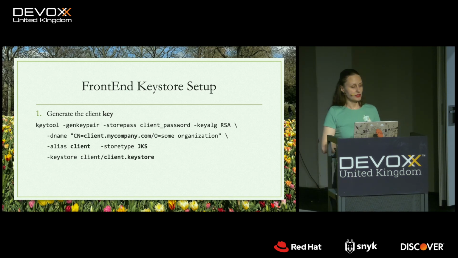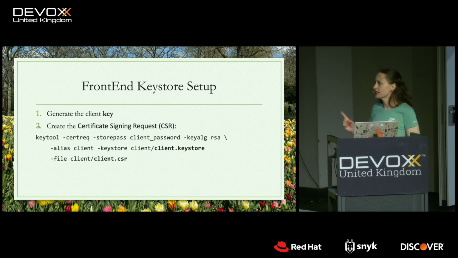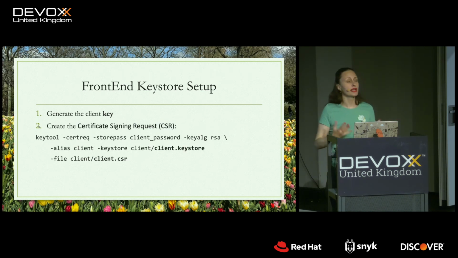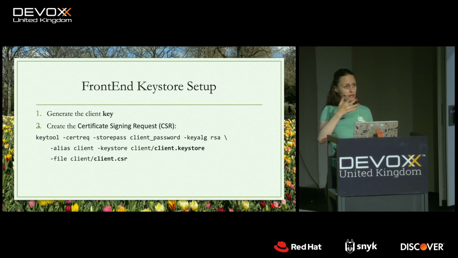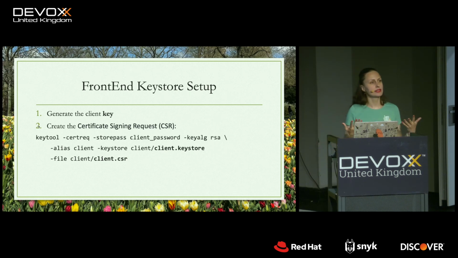Nothing fancy so far. Now I've generated the key, I need to sign the key. So I need a certificate signing request. A certificate signing request is a message sent from an applicant to a certificate authority of the public key infrastructure in order to apply for that digital identity certificate that I'm going to generate further. So I need this for my own certificate.